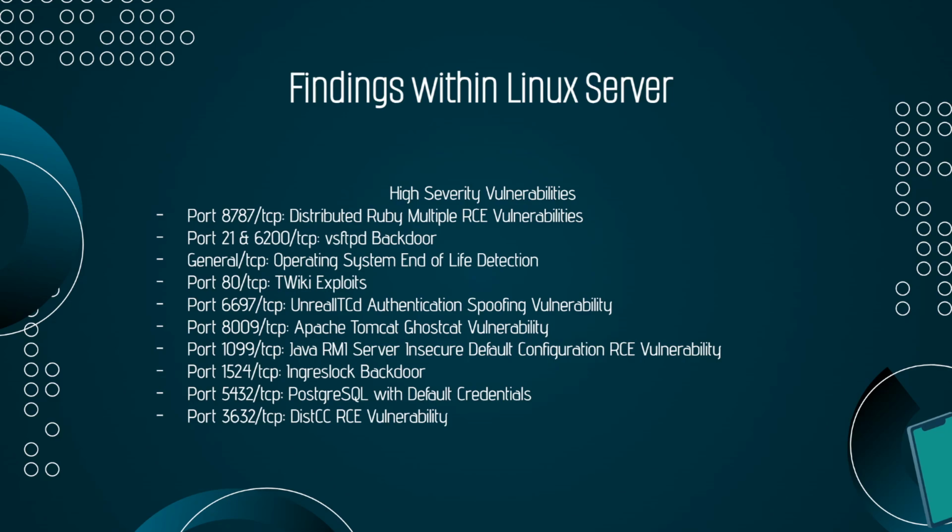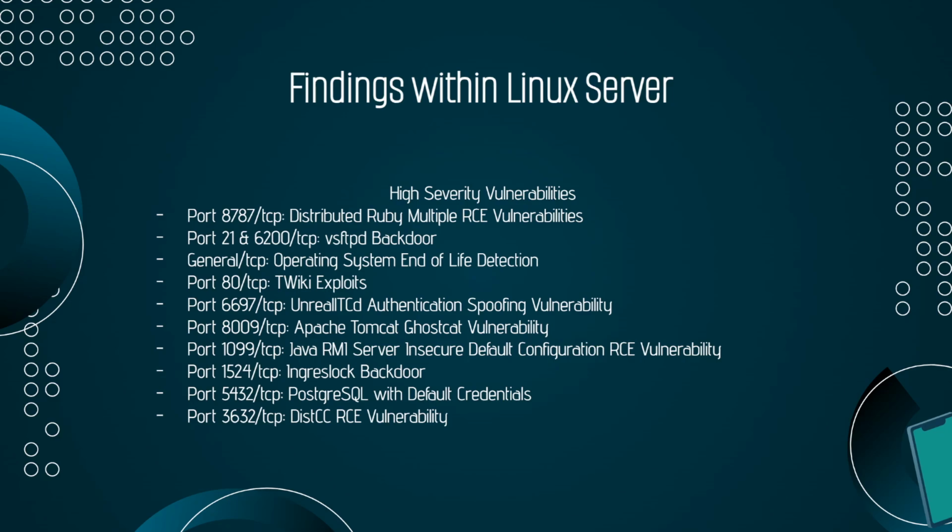The TWiki web application on port 80 was vulnerable to cross-site scripting and command injection attacks. The server was also running an outdated operating system that was no longer receiving security updates, and this was a huge severity risk.